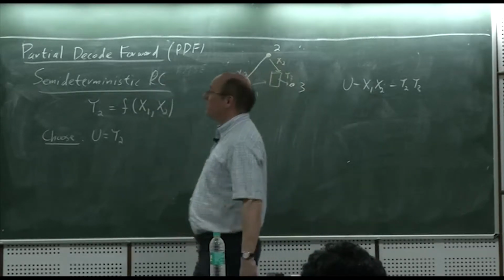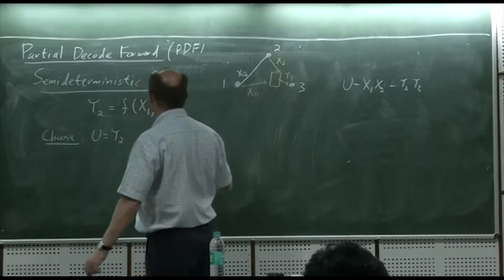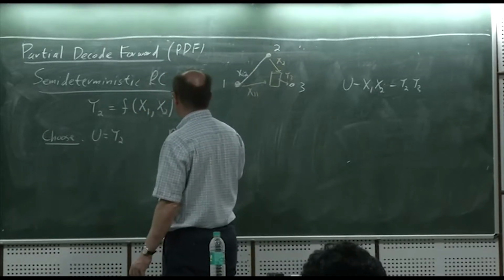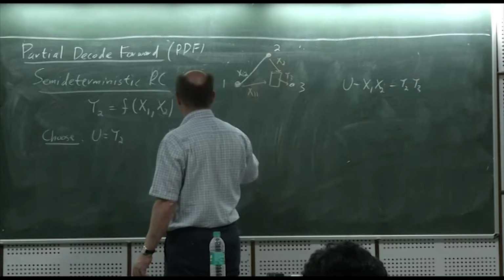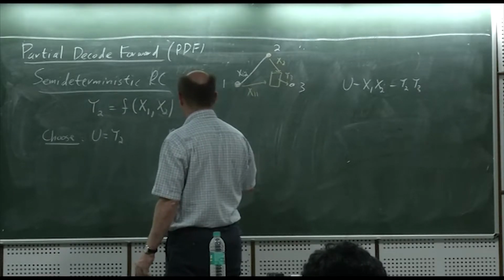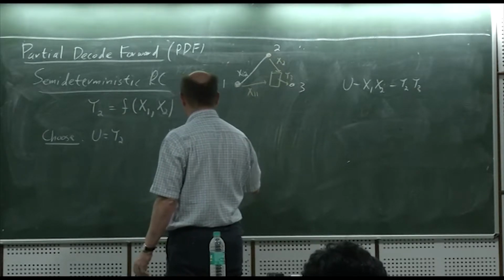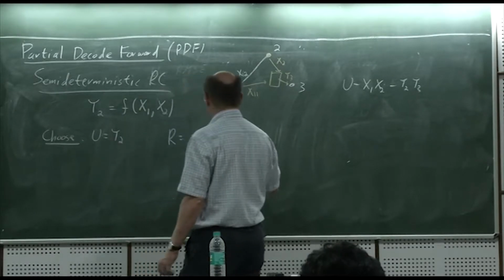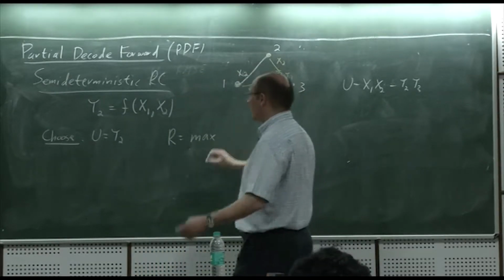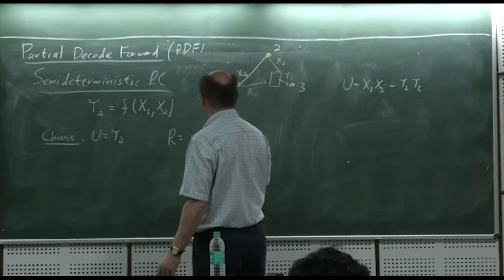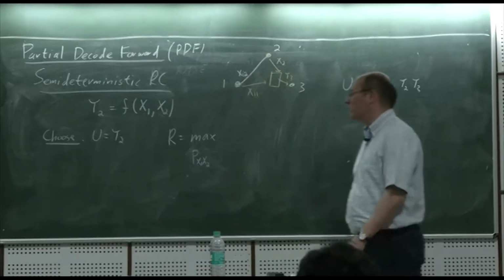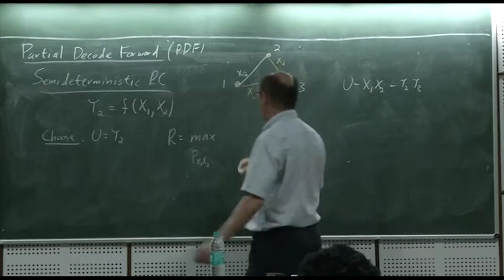So anyway, we choose U to be this, and then just plug it in. What do we get? R equals the max over P of X1, X2, of course, because now we've chosen U to be Y2.